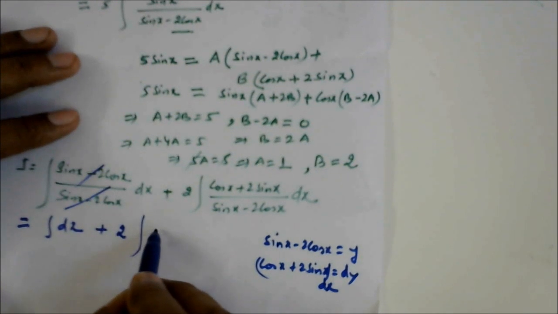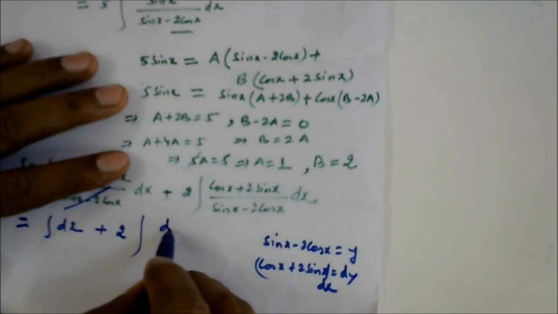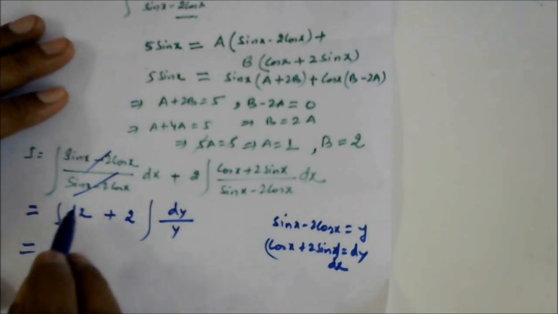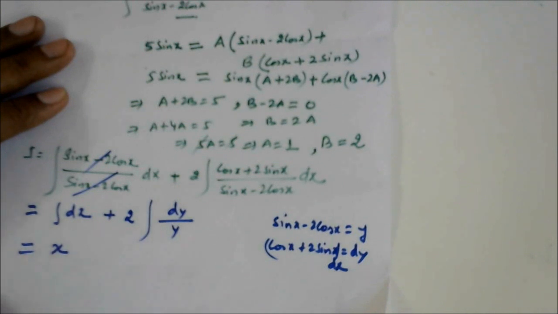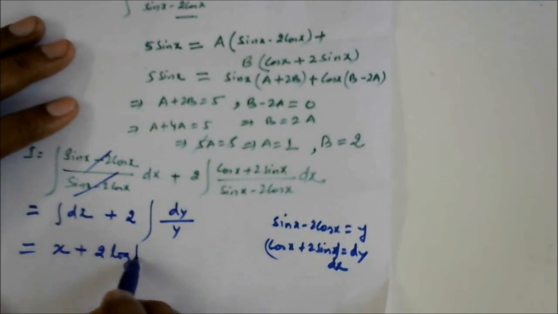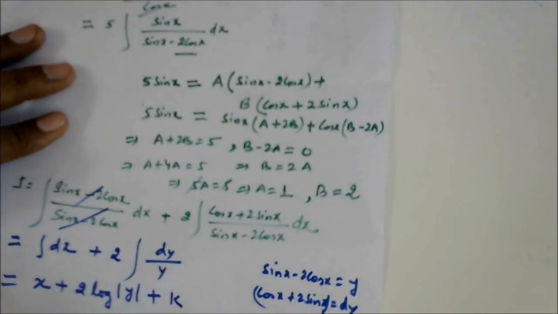So we can place here dy by y. Okay, so this dx has given us x, and plus 2 log y plus k. Integration is there, constant of integration k, so we will write k.